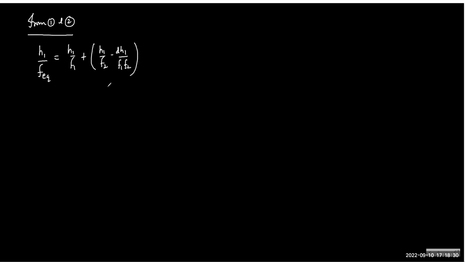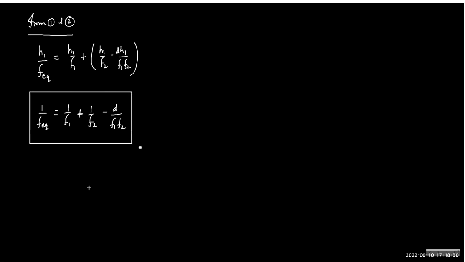Therefore H1 gets cancelled, and what you get is 1 by F equivalent equals 1 by F1 plus 1 by F2 minus D by F1 F2. Understood?